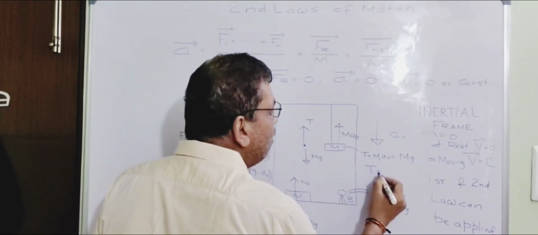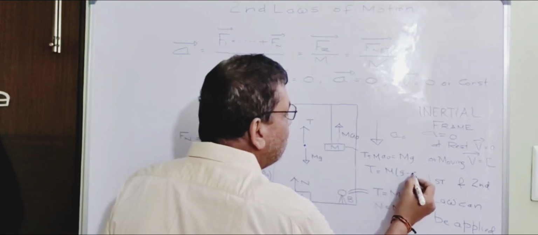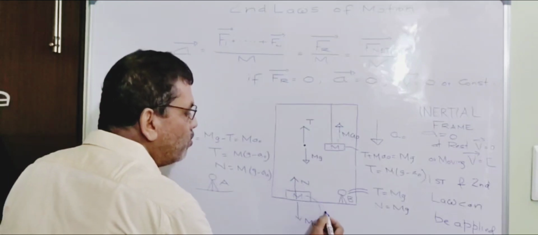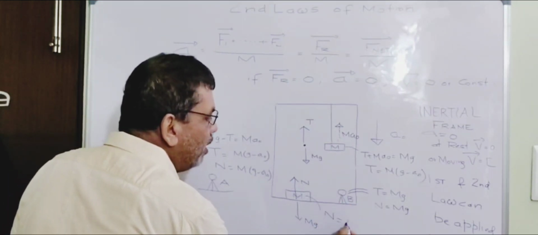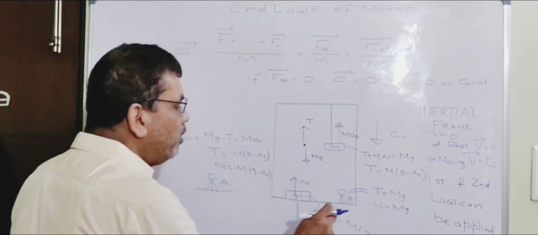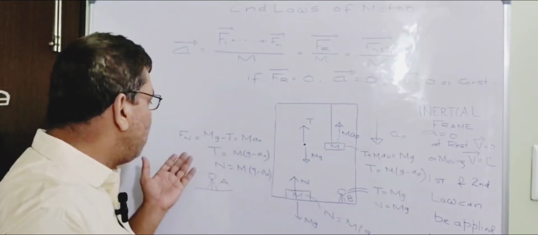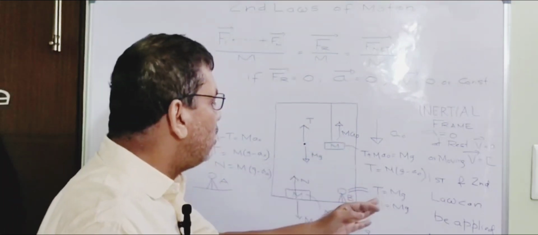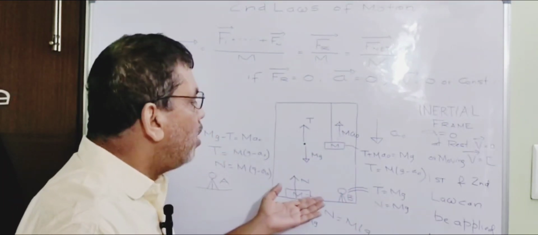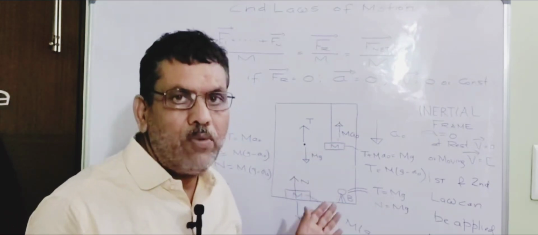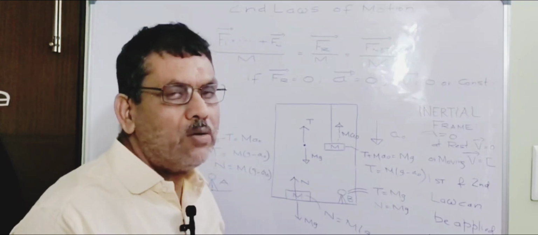Then I can say T plus m a naught is mg, so T equals mg minus m a naught. In the same way, when you apply the pseudo force here, the normal reaction for B will become mg minus m a naught. Now for B also I am getting the same normal reaction and the same tension as A found.